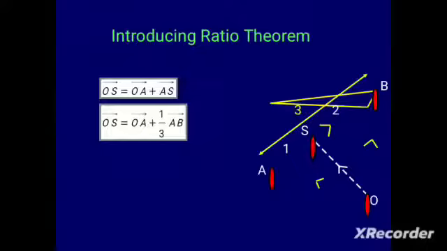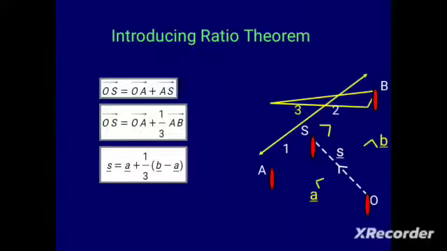So vector AS is a third of vector AB, because we have vector OA given as small vector a and vector OB given as small vector b. So we can substitute it there, having that we can also recall that vector AB is given as vector b minus vector a. We just did that in our previous part.